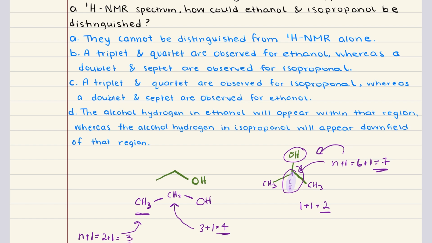So to recap, ethanol gives us a triplet and a quartet, while isopropanol gives us a doublet and a septet. And these patterns are going to fall within the 0 to 4.5 ppm region. That means that the correct answer for problem 8 is B.